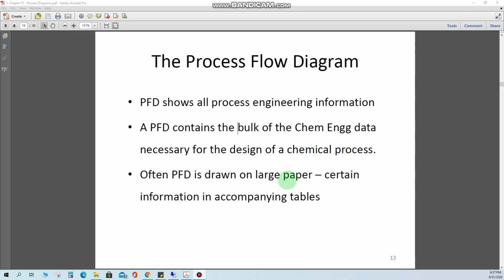So usually when we make the process flow diagram, we specify the stream compositions of all the streams in that process, and sometimes the information is too large that it cannot be accommodated on a single paper. So you would see large papers in the industries with such kind of information.